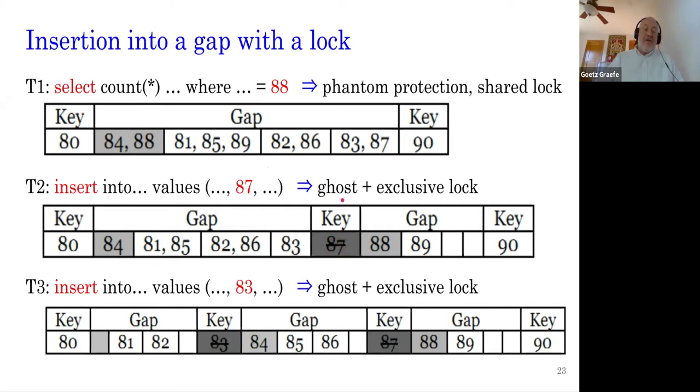So now transaction 2 can actually turn this ghost record or invalid record into a valid record and thus complete the insertion of this row into this index. And we can play the same game again in another transaction. Here, 83 is inserted. And so even though 83 and 87 started in the same partition, we actually can permit all three of these transactions concurrently.